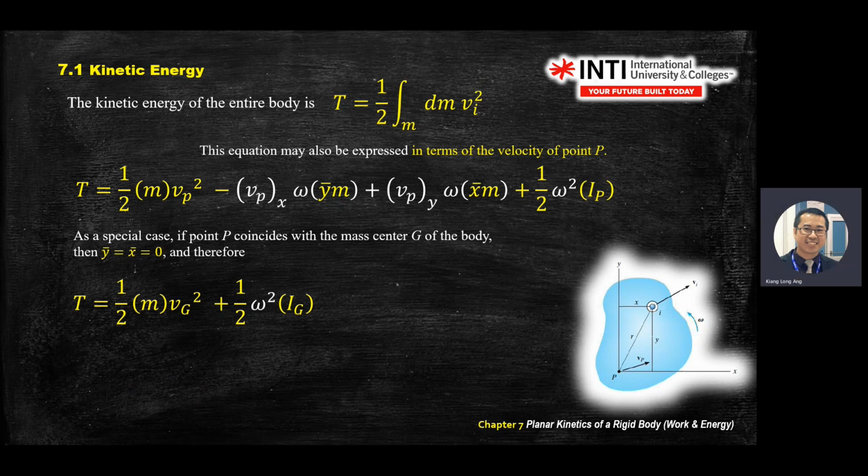Center of mass will give you this one. So here the effect of center of gravity you can cancel because y prime, x prime is 0. So you cancel, then only leave out the moment of inertia and the mass effect.